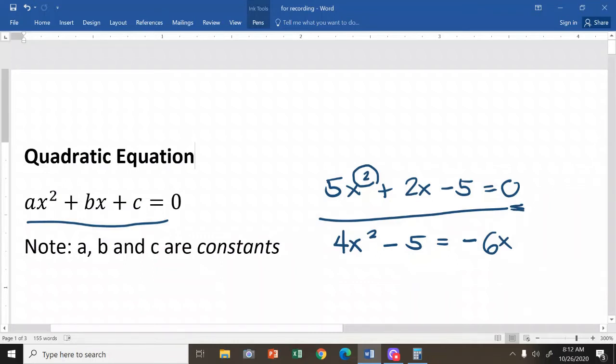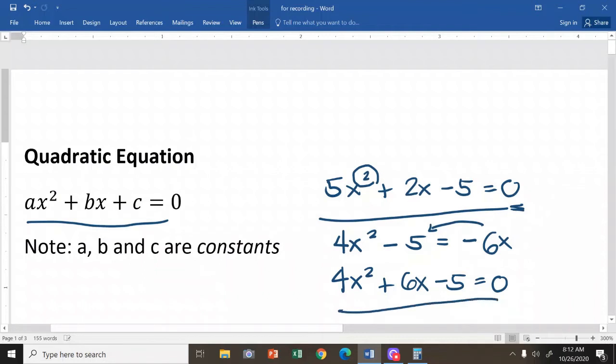So ang gagawin natin, itatranspose lang natin itong negative 6x dito sa left side of the equation. So meron tayo ngayong 4x squared, and then itong negative 6x magiging positive 6x, and then minus 5 equals 0. Ayan. Naka-standard form na siya.